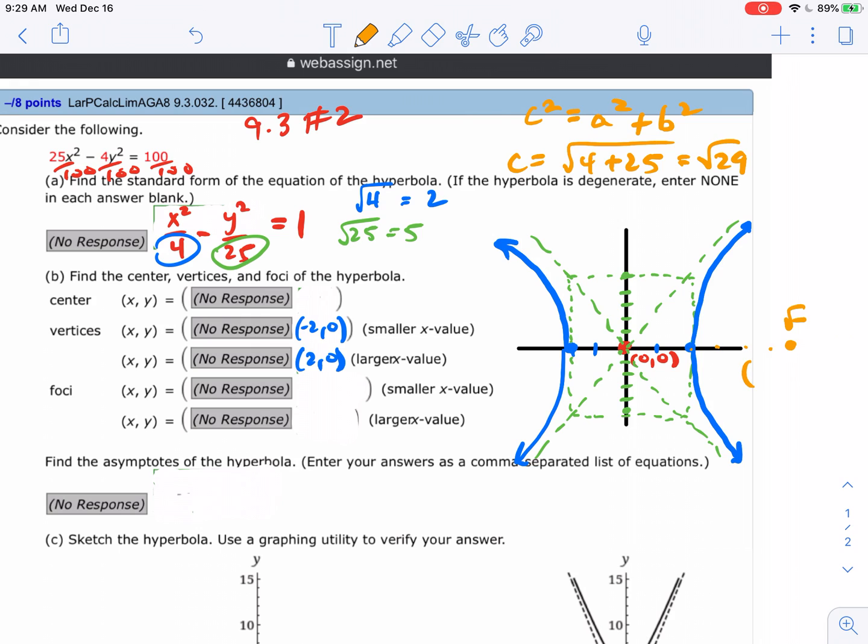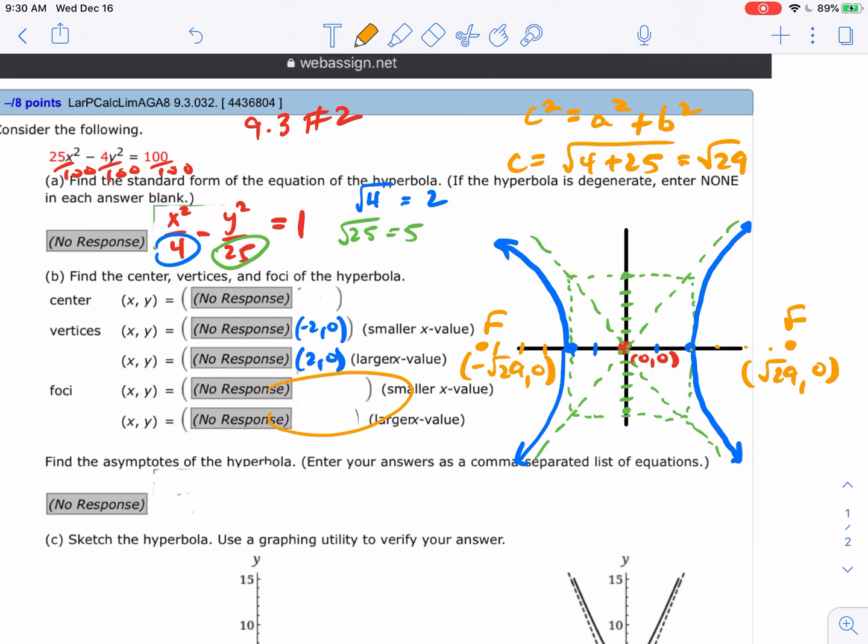And that focus, we're adding that to the x value of the center. So that's just positive root 29 comma 0. And that focus would be negative square root of 29 comma 0. So you can put those two numbers in here depending on what your answers are.